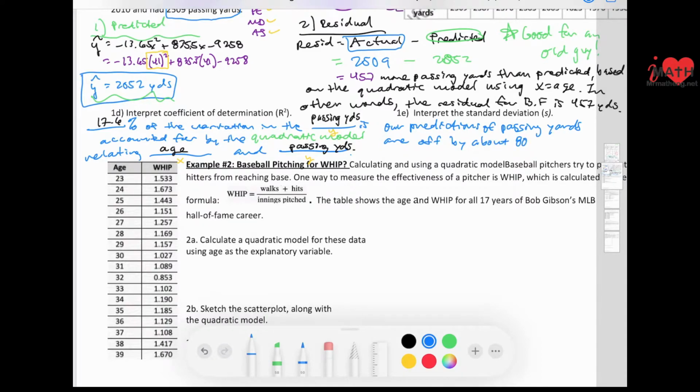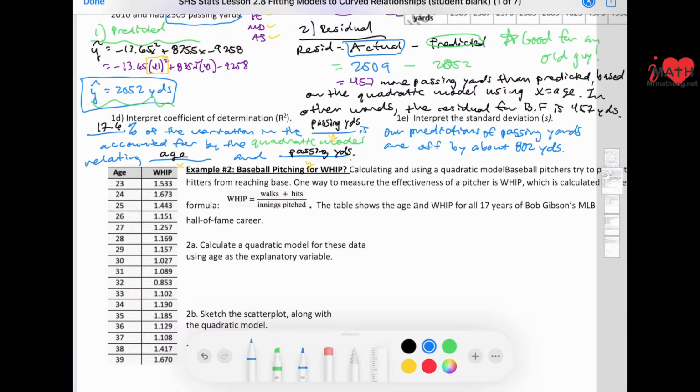Remember what standard deviation is. It's a spread away from the measure of center. Okay, go ahead and try this next example about baseball, and then we'll go over that together.